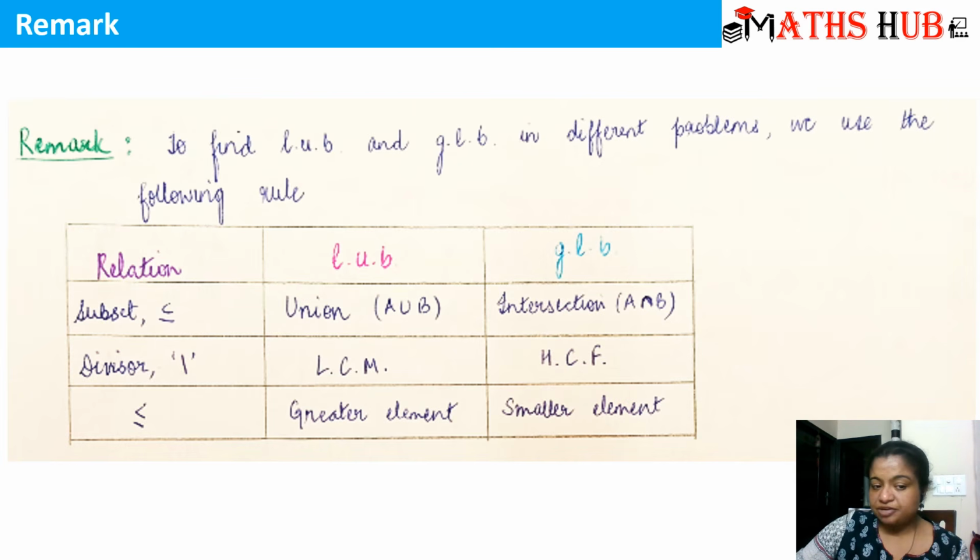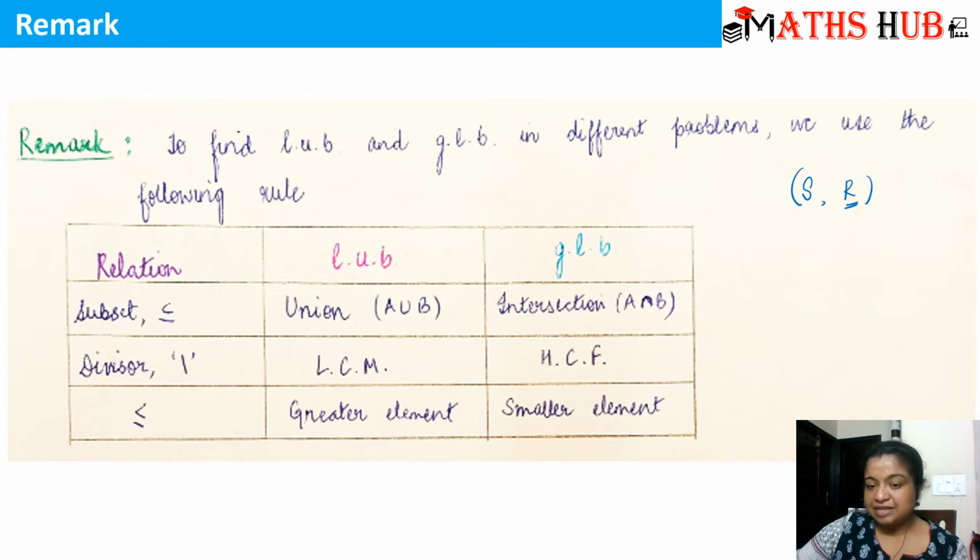Everything we are working on is a POSET, so the POSET is S along with the relation R. If this relation is a subset relation, then LUB, the least upper bound, means to calculate the union between the two sets. Similarly, GLB means to calculate the intersection between the two.